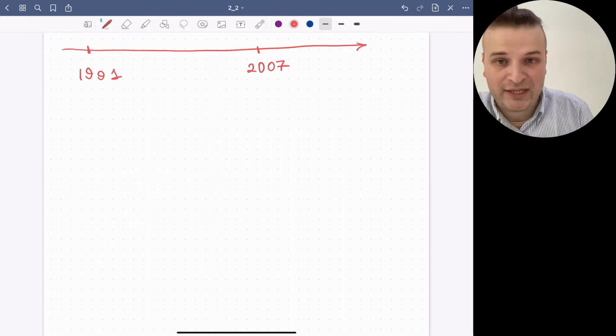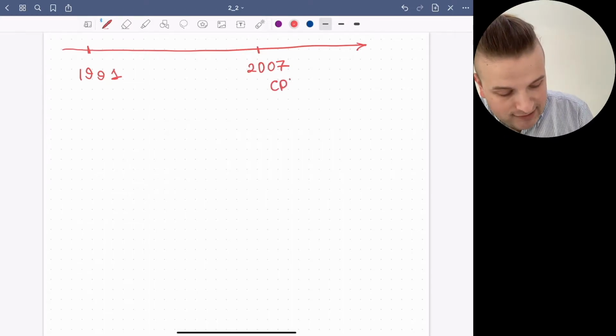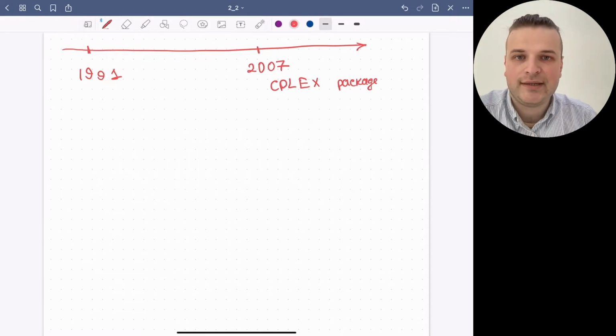That was a package called simplex, and that's the Bixby study.